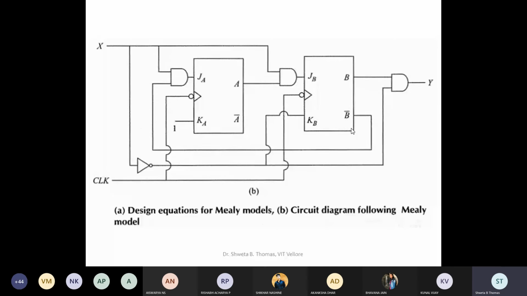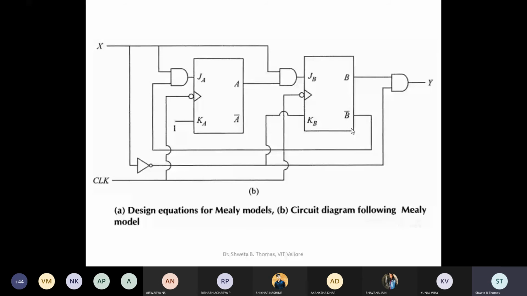In the exam also, there will be at least one question of 10 marks. So how many steps do you need to follow? You have to go for the state transition diagram, then the state assignment, then the state synthesis table, then the circuit equation, and the last one, you need to develop a model.